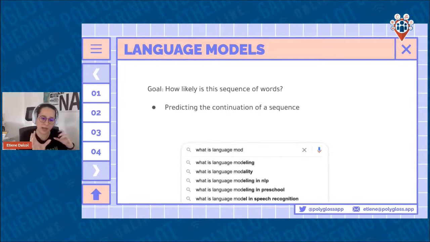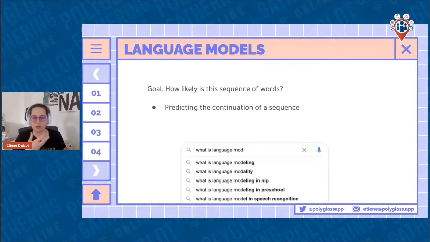Because once you have this knowledge of how likely a sequence of words is, you can use that information to predict the continuation of a sequence. That includes, for example, using the right words at the right time, right? Things like answering questions, things like keyboard completion, all of those use language models.